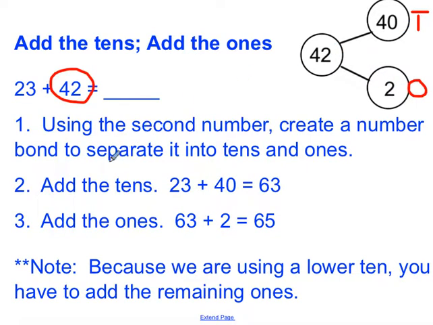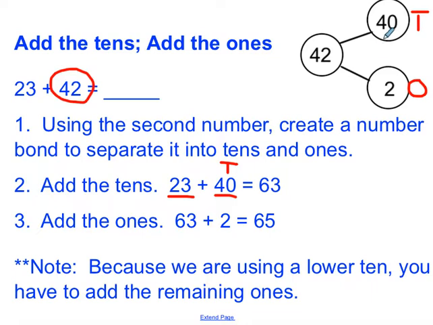So in step 1, it's add the tens from each number. You always start with your 23 because that's your first number in the number sentence. Now add to it the tens from the number bond. 23 plus 40 equals 63.